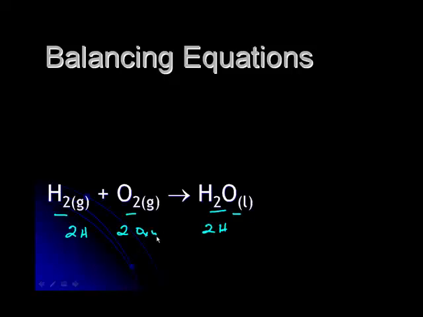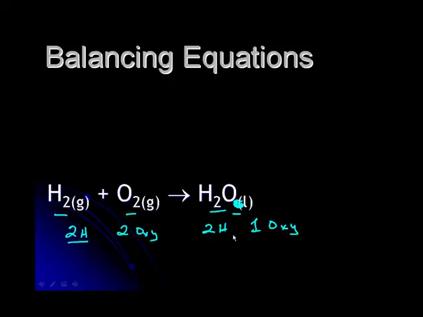Well, I can't change the little numbers down at the bottom. I can't put a little 2 down here because that changes what the chemical is. The only thing I can do is add big numbers in front.